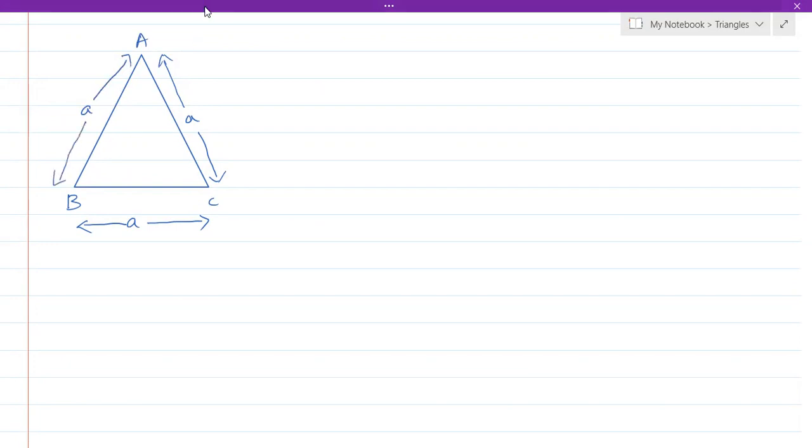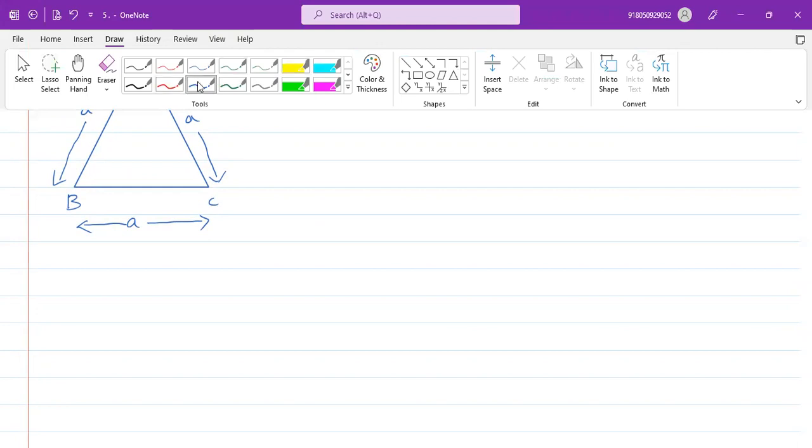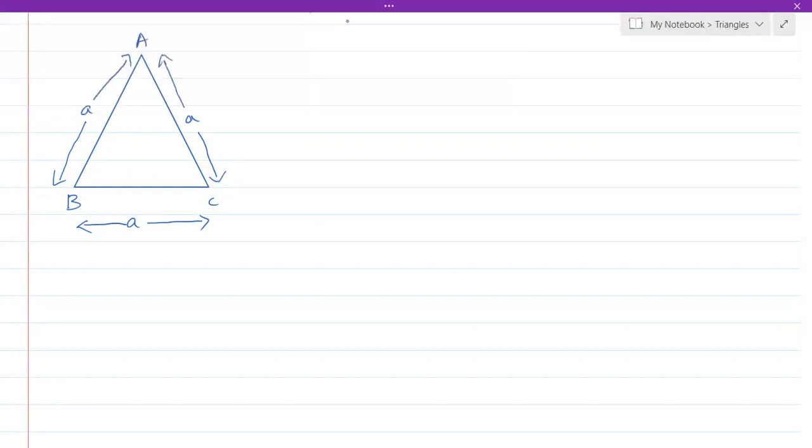Now let's draw an altitude. Let's take it as M. AM is our altitude, therefore BM value will become A by 2, as discussed.